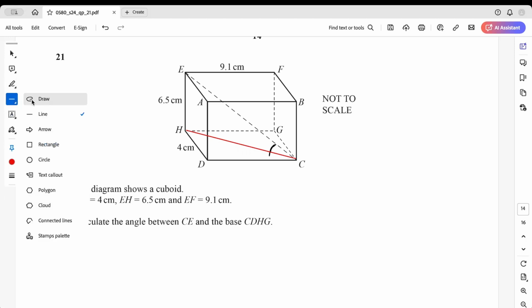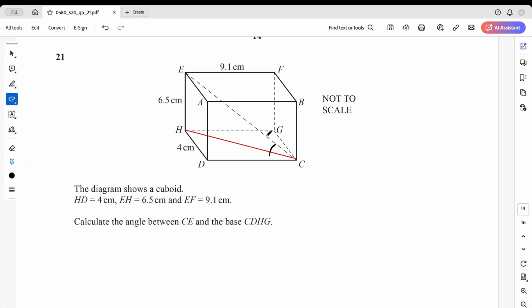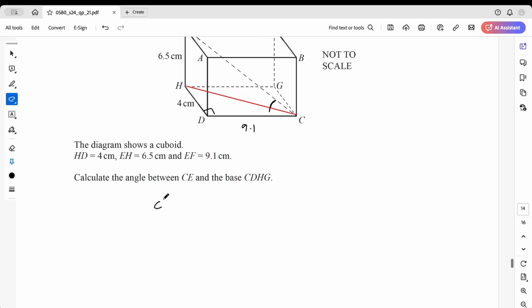To find that length, we know that this is 9.1 cm, copying it from the top here, and this is a right angle in this cuboid. So using Pythagorean theorem, we can find CH as the square root of 9.1 squared plus 4 squared, which will get me an answer of 9.94032.